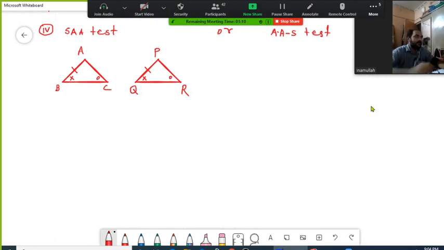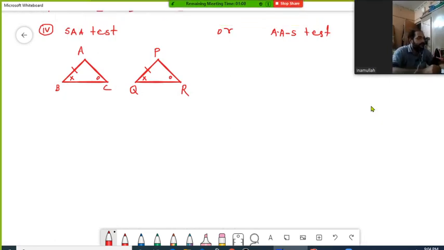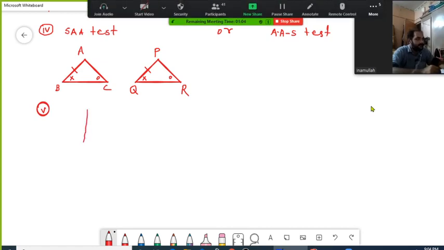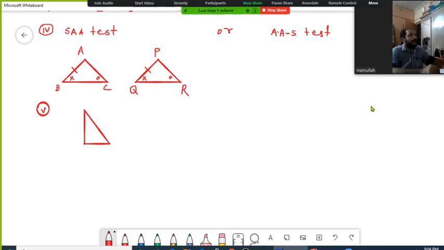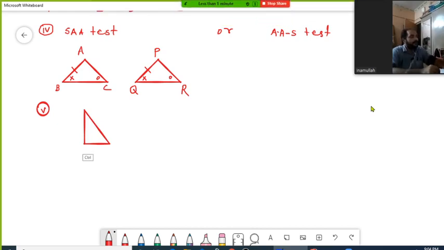And last one, that is your fifth test, is hypotenuse side test. Suppose you have a right angle triangle.